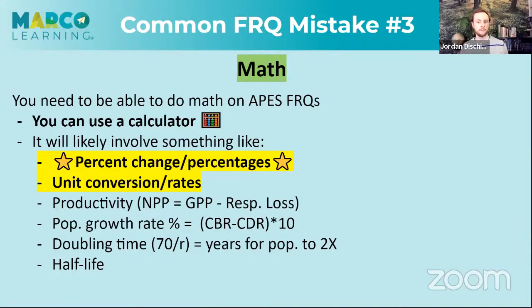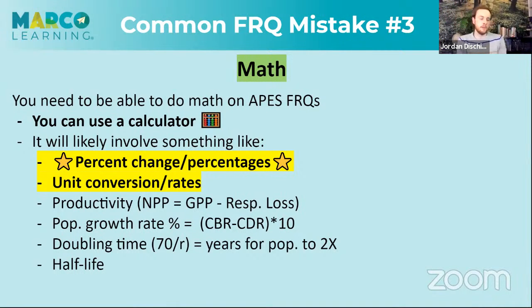And the most recent FRQs in APES have all focused on percent change and just finding a percentage of a number, and then unit conversion or rates. And when I say rates, I mean something like, if we extract 10 million barrels of oil a month and we want to get to 2 billion barrels, how many months would that take? Things along that line where you're given a rate, if China consumes this many kilowatt hours in a year, how many kilowatt hours would they consume in a day per person or something? So moving back and forth.